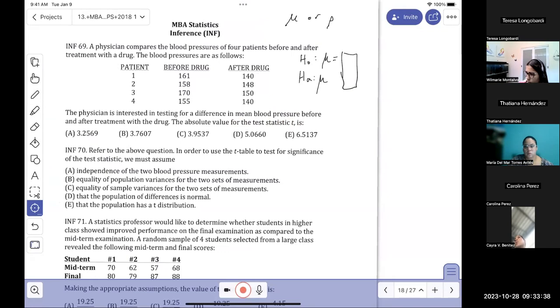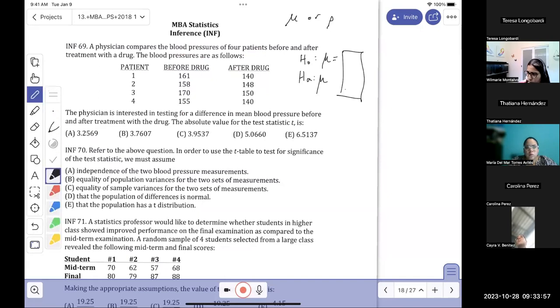Okay, let me take a step back and fix this line. You're looking for the mu for the before drug. Exactly. It's a little confusing because I have the before drug and the after drug. What I need to do is convert these into the change. We're going to create a new variable, a new column called the change.